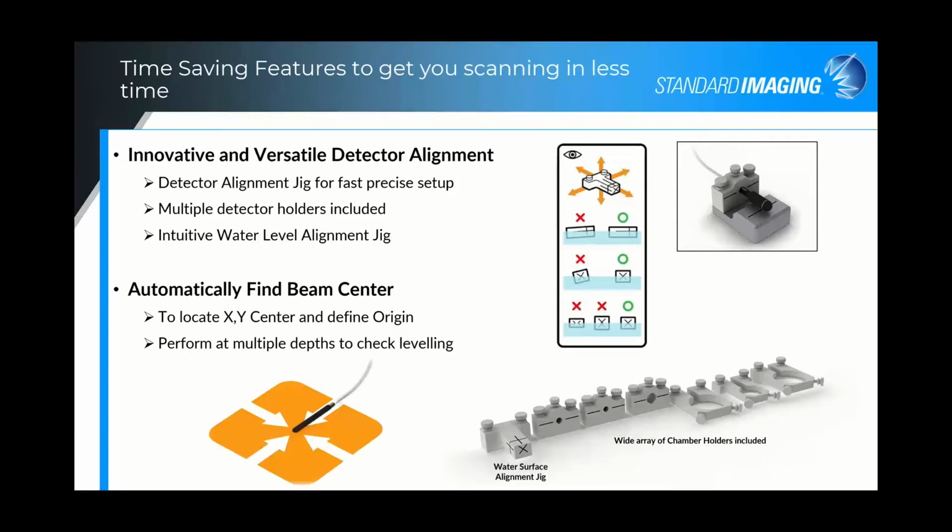We have an automatic find beam center functionality in the software as well, which basically runs the chamber out to the 50% lines of the beam, and then gives you the adjustment shifts for centering that chamber very easily, very quickly.